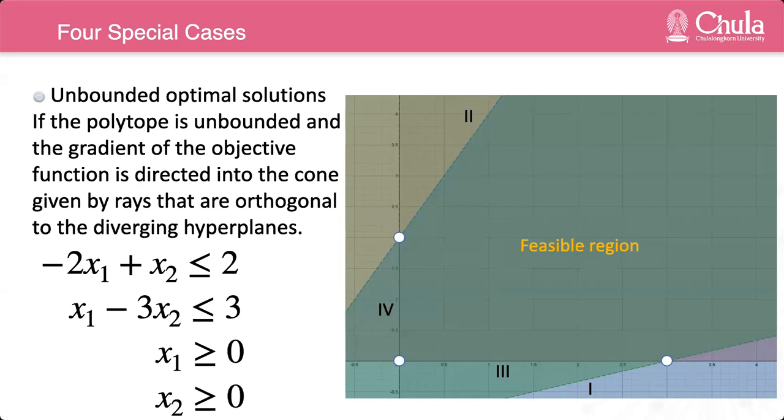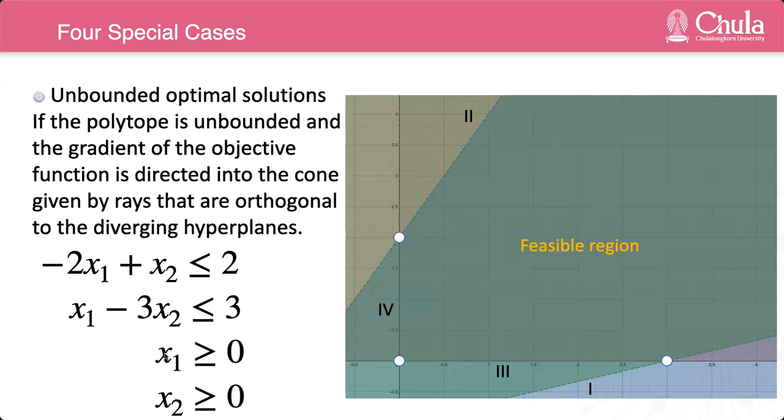You see this example. The first constraint, minus 2x1 plus x2 less than or equal to 2, is from this line, above this line. And the second constraint, x1 minus 3x2 less than or equal to 3, should be below constraint number 2 here.